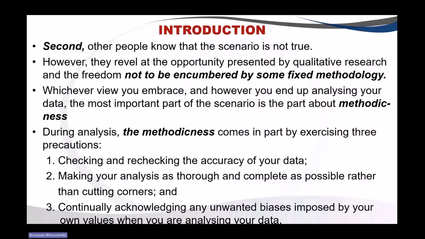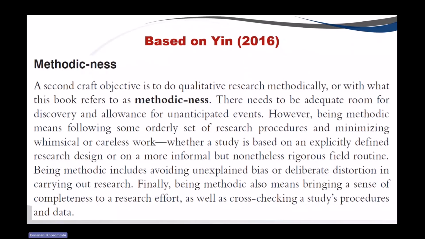And this is how Yin describes, or explains, what methodicness is. He says a second craft objective is to do qualitative research methodically. That is methodicness. Methodically, or with what this book refers to as methodicness.